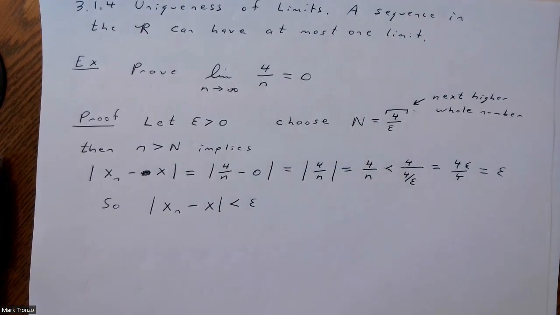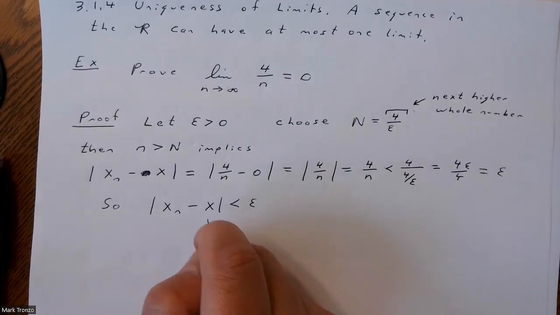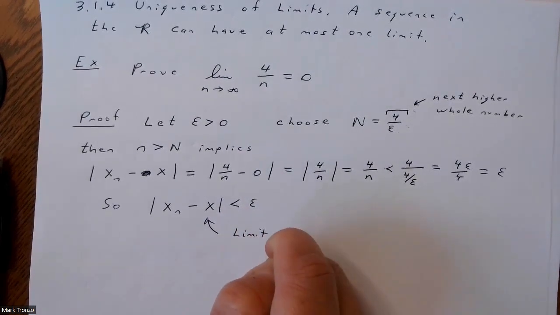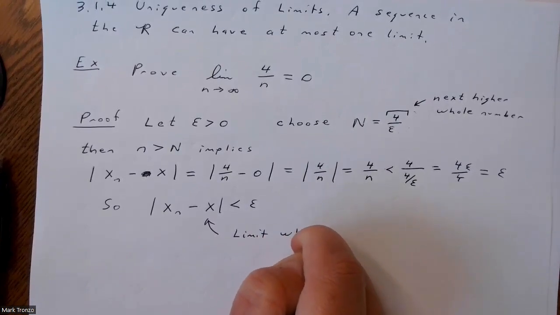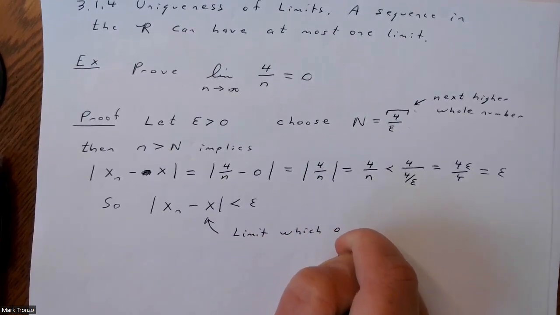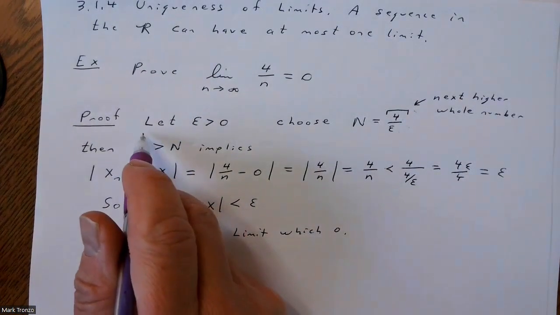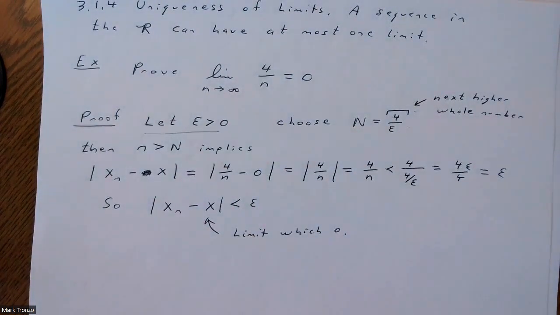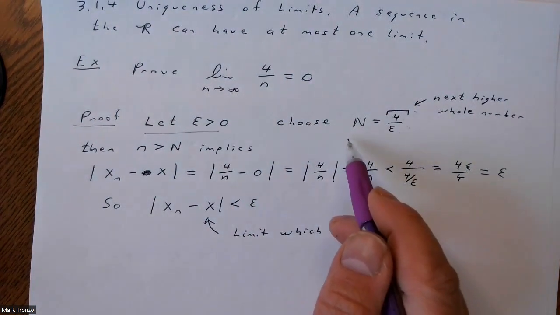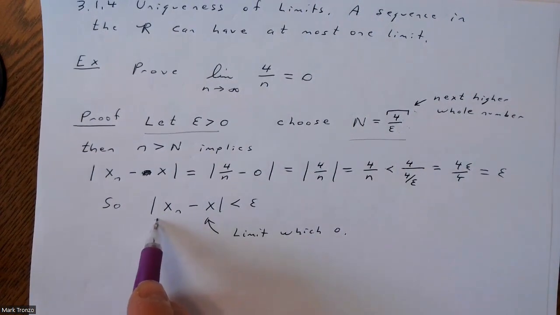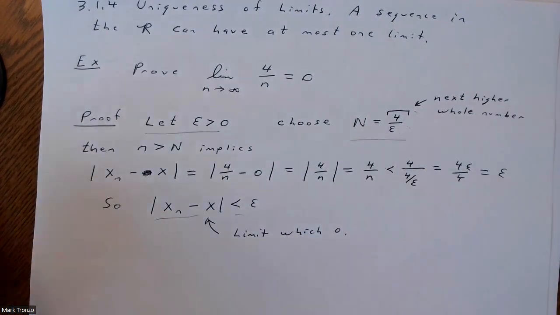And so maybe I should note that somewhere, where this is the limit, which is 0. We have this. And so the main feature of this: we let epsilon be greater than 0, and then we can find an N such that this is always less than that. See if you have any questions on that.